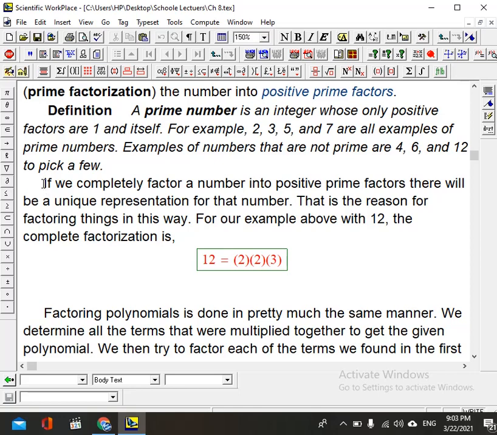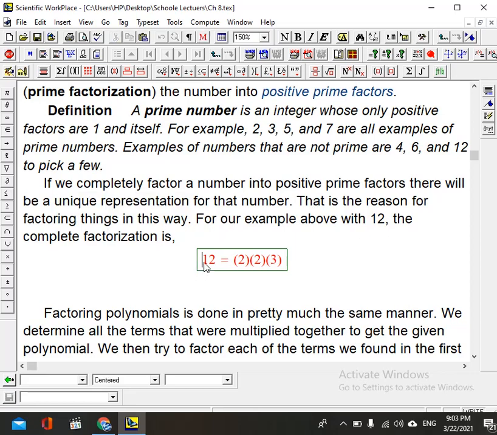Okay. If we completely factor a number into positive prime factors, there will be a unique representation, of course unique up to order. The order is not unique, but the numbers are unique for that number. That's the reason for factoring things in this way.